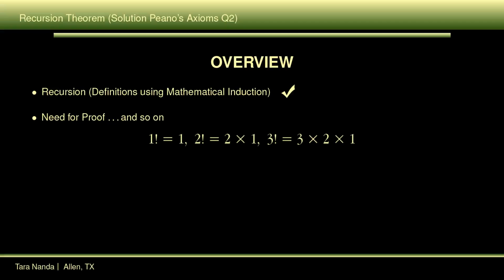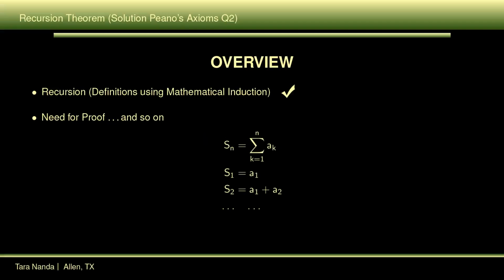Another example: S_n is equal to the summation k equals 1 to n of a_k. This is usually defined by S_1 is equal to a_1, S_2 is equal to a_1 plus a_2, and so on.